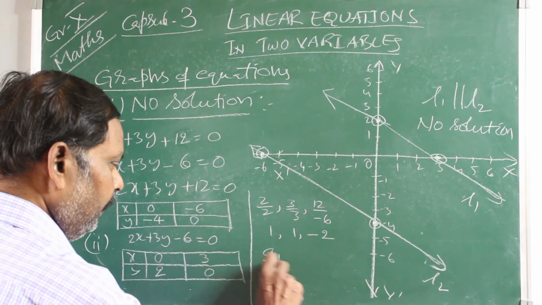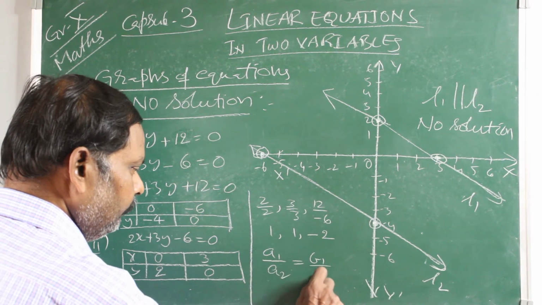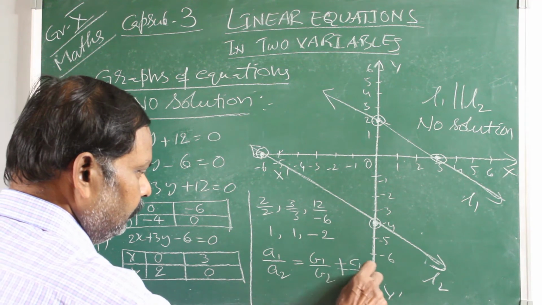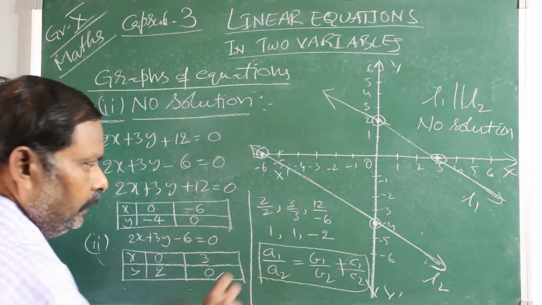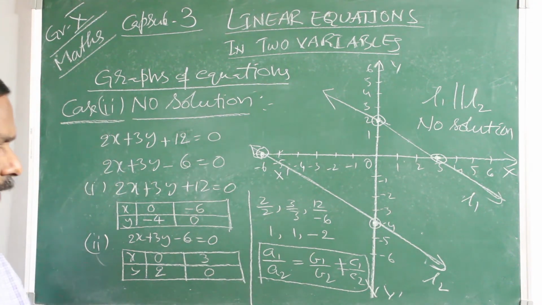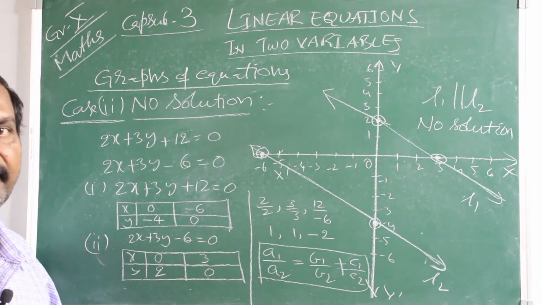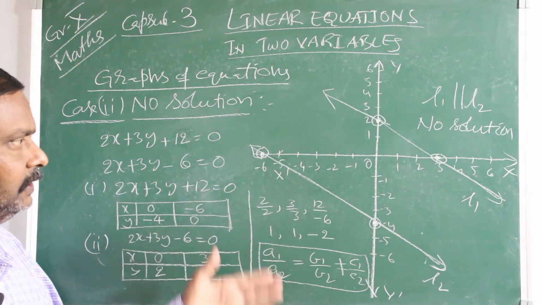So A1 by A2 is equal to B1 by B2, which is not equal to C1 by C2. If these conditions are fulfilled, then the 2 lines are parallel and there is no solution for such linear equations in 2 variables. So this is case 2.